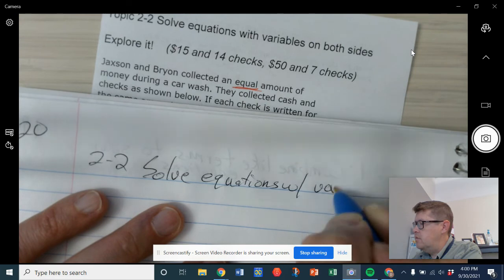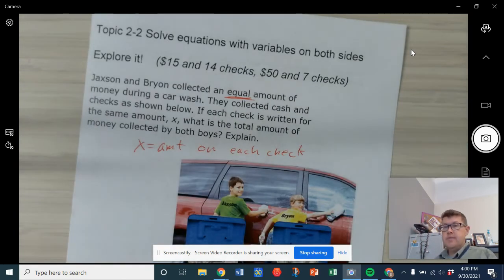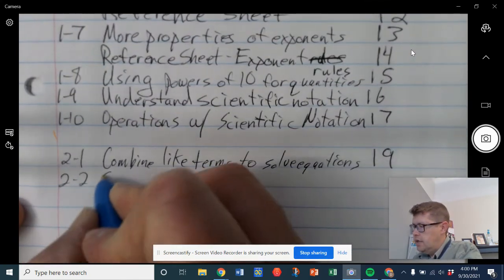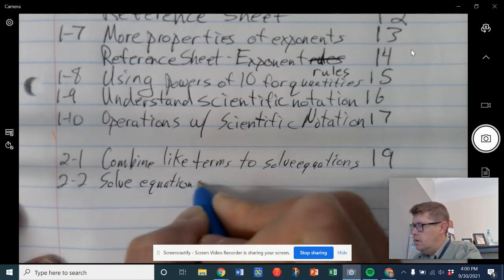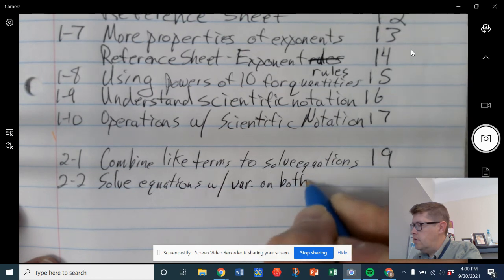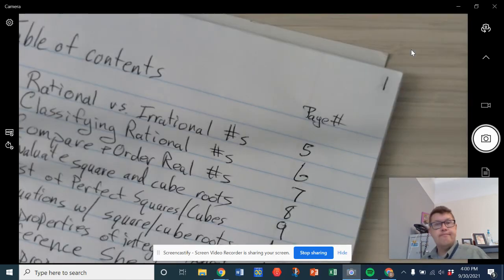Oh my gosh, I'm running out of room. I'll glue it in a second. 2-2, solve equations with variables on both sides. Page 20. Okay, there you go, guys.